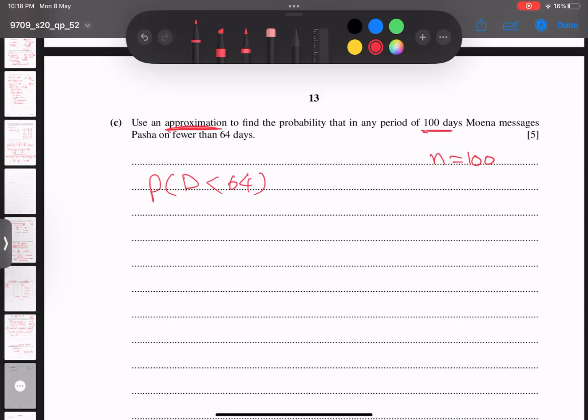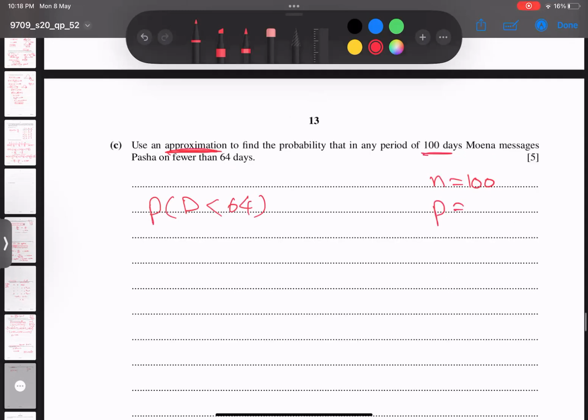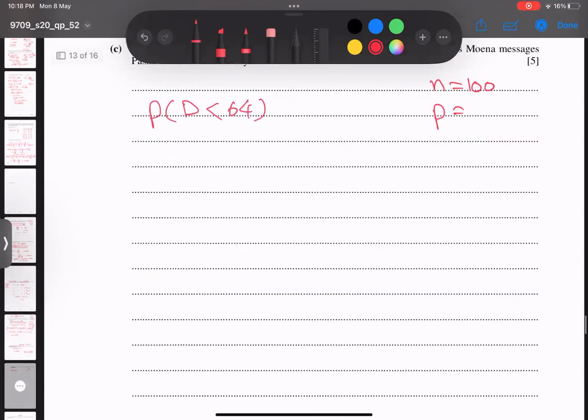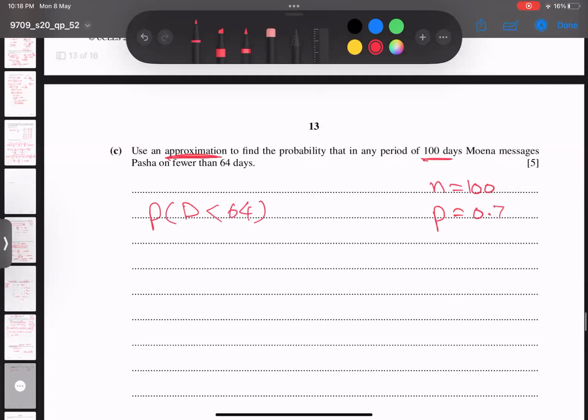In this kind of question, P is already known, 0.72 of matching, and Q is 0.28. Whenever this is given, first of all we go for the mean. What is the mean formula? NP. N is 100, P is 0.72, so the mean becomes 72.